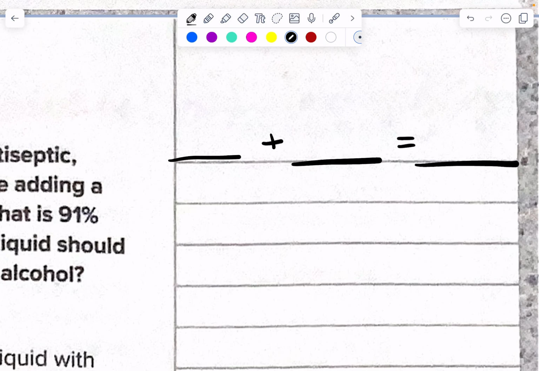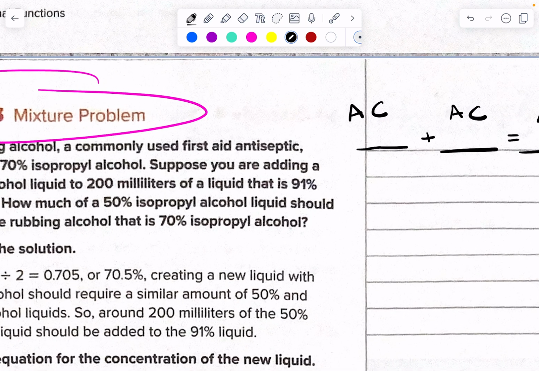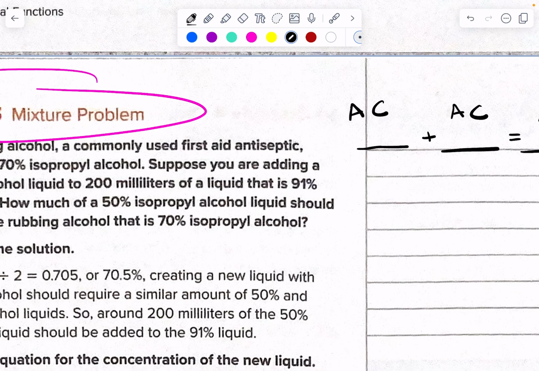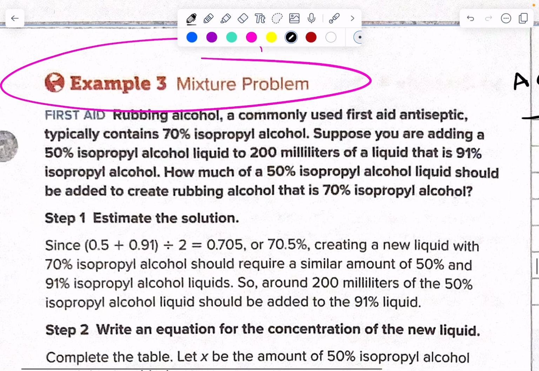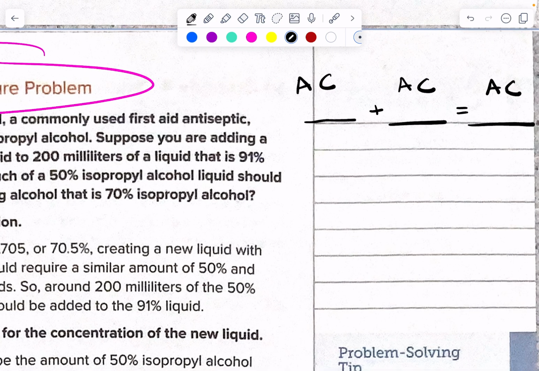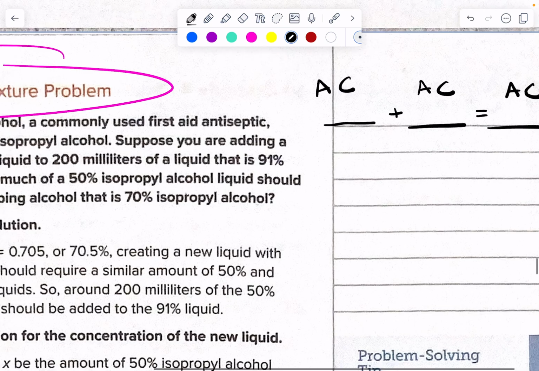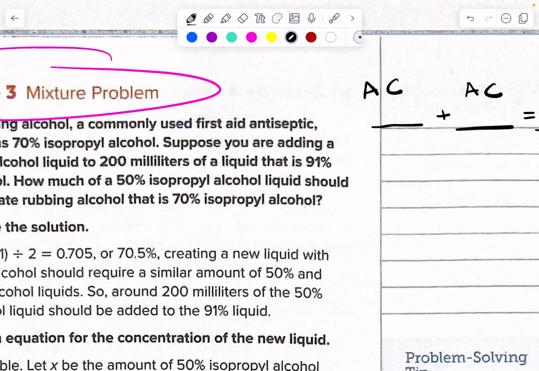And usually we did amount times the concentration, and amount times the concentration, amount times the concentration. So they're going to probably give us, like, there's this much rubbing alcohol in whatever, okay? And they're going to give us amounts and concentrations of that alcohol. We're adding them together to figure out our final solution.